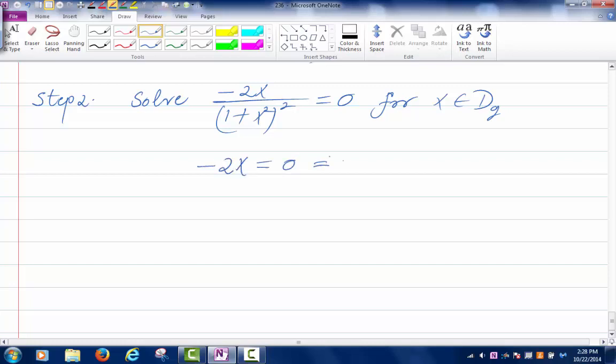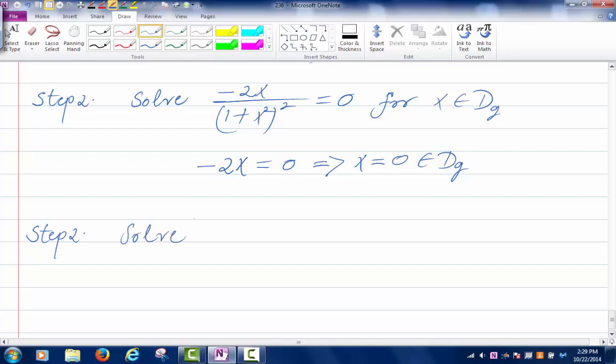That implies that x has to be 0. Once you get this, make sure that when x is 0, the denominator isn't 0 at the same time. So plug in 0 in the denominator. Is x 0 in the domain of g? Yeah, the domain of g is everything, so 0 is in the domain.